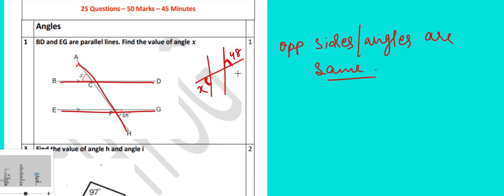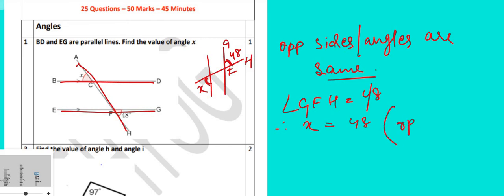So if angle G, F, H is equal to 48, therefore x is equal to 48 as well, because of opposite angles.